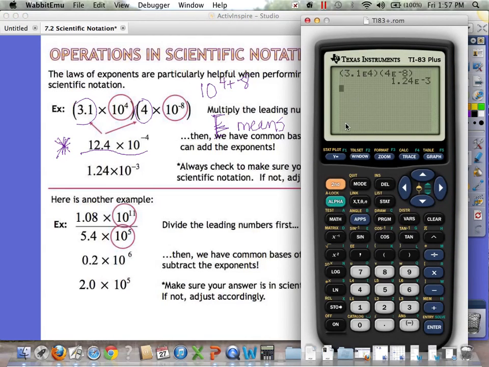Now watch, if I wanted to go back and type it in the old school way, look at what all I have to do. 3.1 times 10 raised to the 4. Cut that off. Now I get to do the other one. 4 times 10 raised to the -8. There's a whole lot more time.